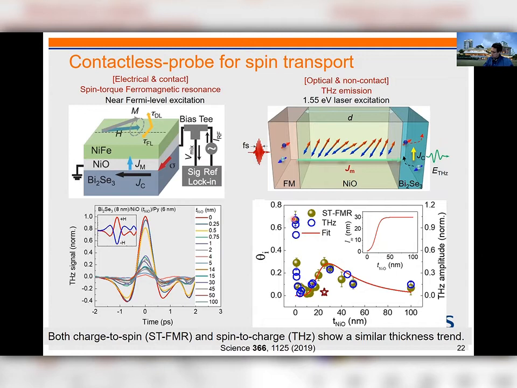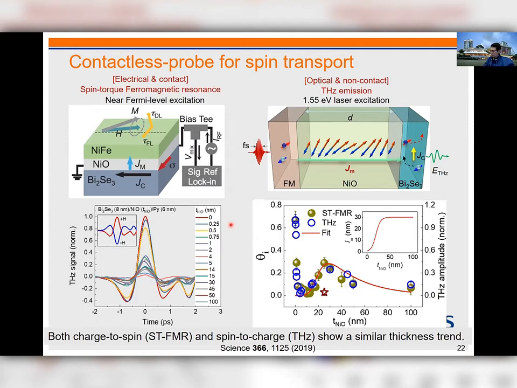Initially, effective spin Hall angle decreases quickly as we increase the nickel oxide to a few nanometers. Then, very interestingly, above 10 nanometers, we start to see enhancement of this effective spin Hall angle, and it has a peak around 25 nanometers. And then with further increased nickel oxide thickness, effective spin Hall angle decreases. It has a very weird behavior.